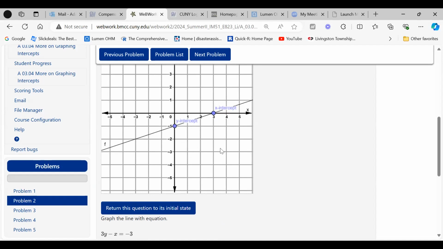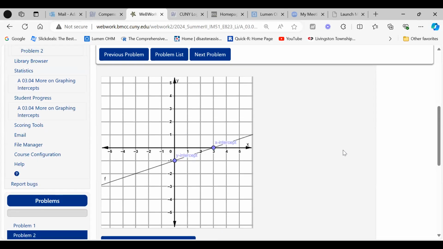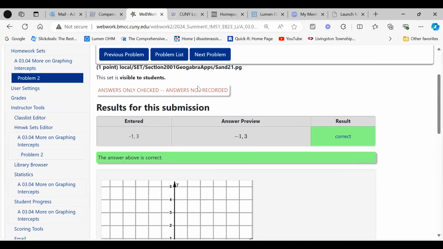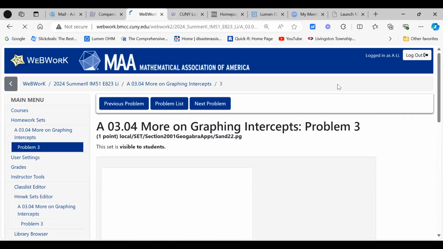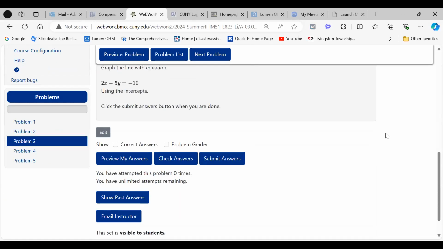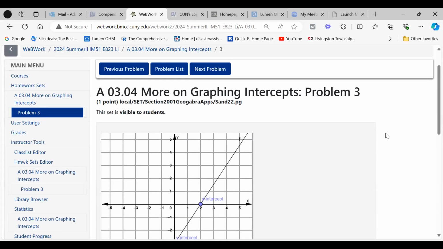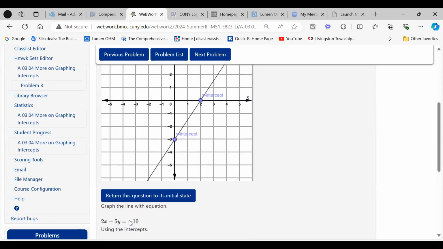Also, because the slope 1/3 is greater than 0, it's an increasing line from left to right. It's going upward, right? Okay, any question about this? All right, let's look at the next problem. Problem 3. Sketch the line using the x- and y-intercepts. Let's try this.